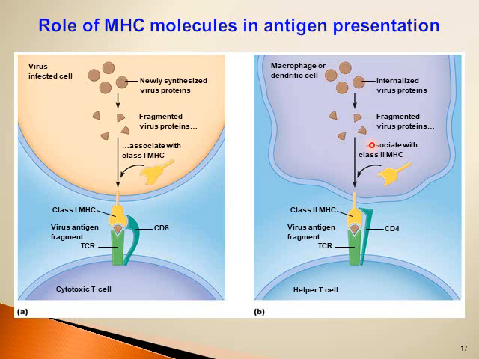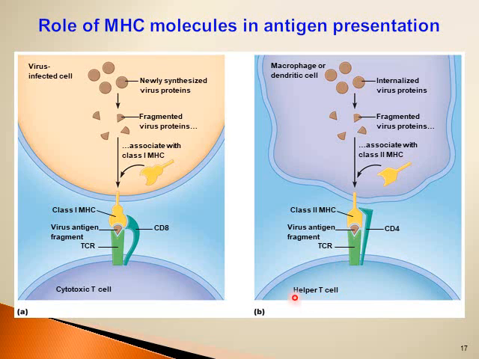Here is the other example, on the right side of the slide: a macrophage or dendritic cell, which is an antigen presenting cell that has the class 2 MHC. So if we have a virus or bacterium that was ingested during phagocytosis, the antigen was extracted, fragmented, then bound to the class 2 MHC and presented on the surface of the antigen presenting cell.